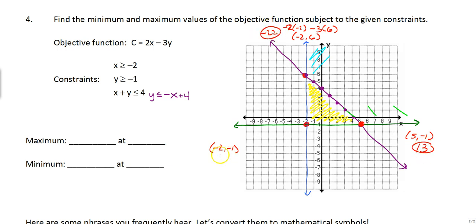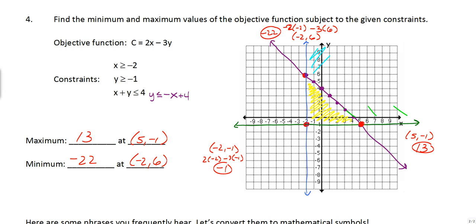And then finally we have -2 and -1, so 2 times -2 minus 3 times -1, that's a -4 and a +3, so that's a -1. So we have a maximum of 13 at the coordinate 5, -1, and we have a minimum of -22 at the coordinate -2, 6. All right, so that's how you put everything together.